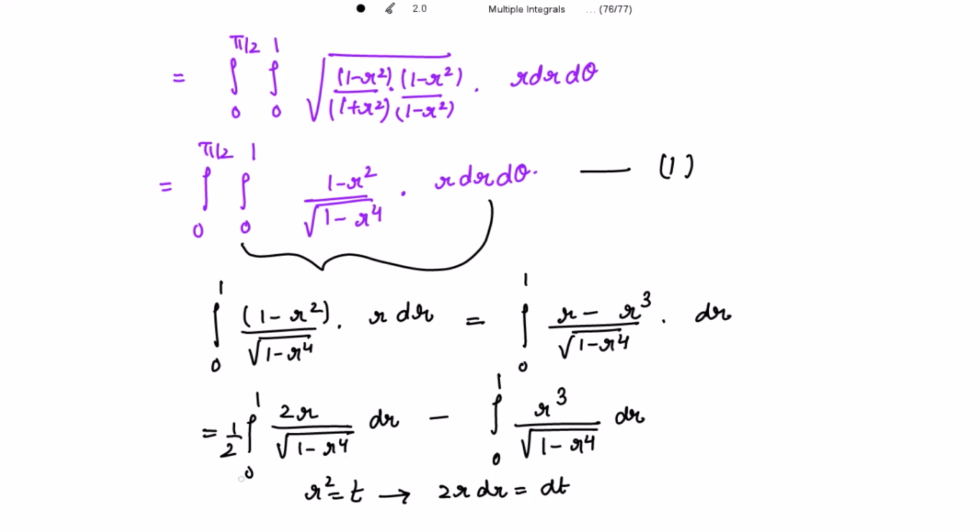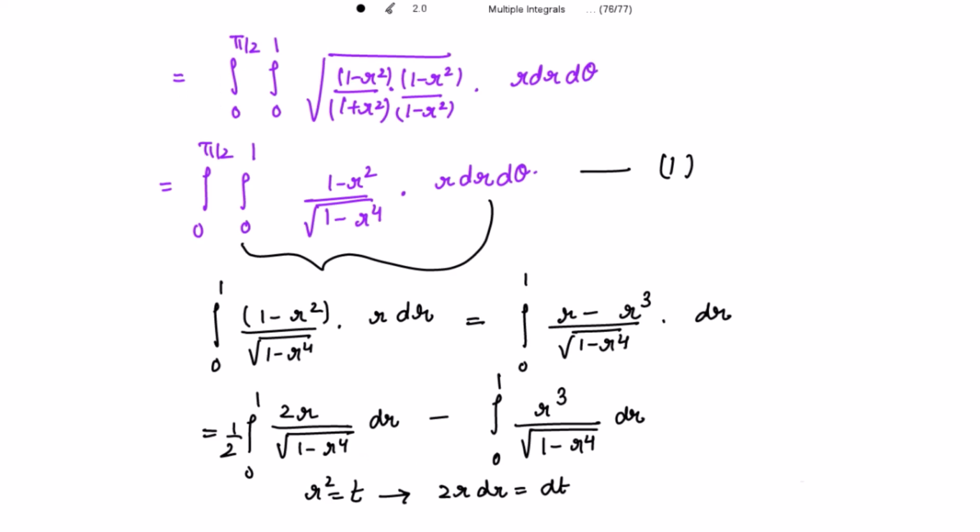When r is 0, t is 0, when r is 1, t is 1, so limits are also from 0 to 1. So this is dt over square root of 1 minus t square.